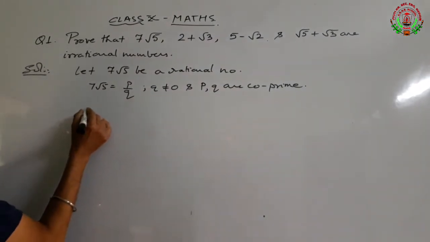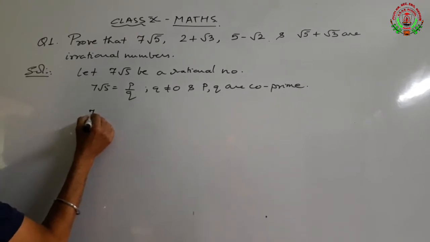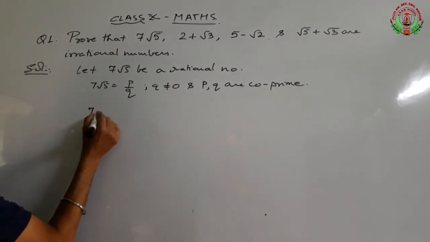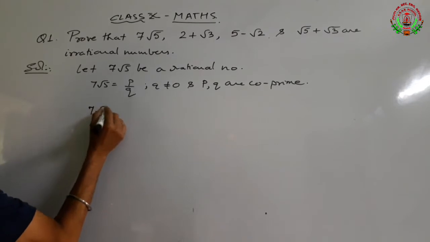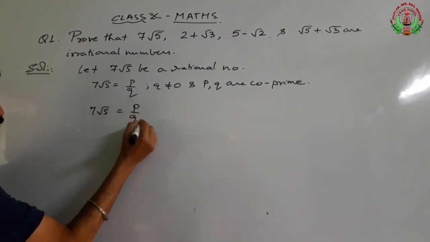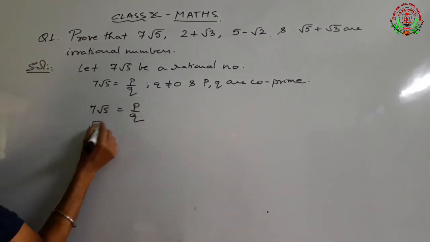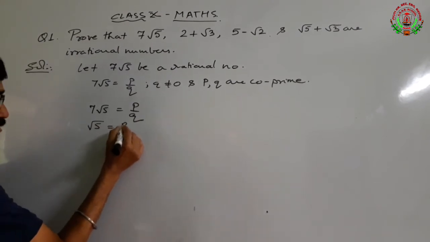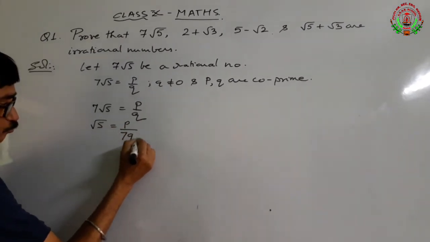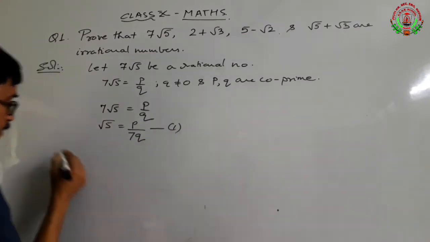Now 7 root 5 is equal to p by q. So root 5 will be equal to p upon 7q, equation 1.